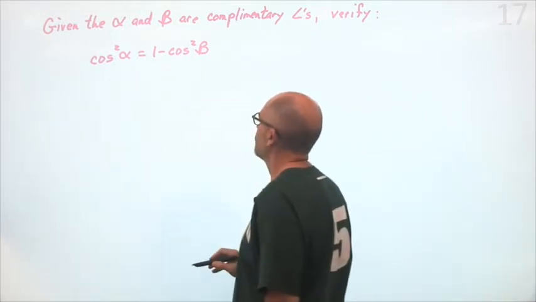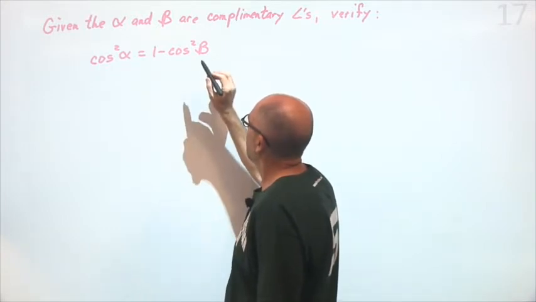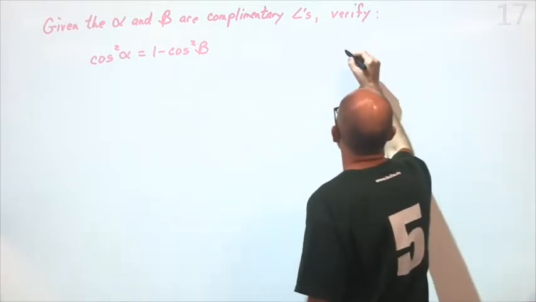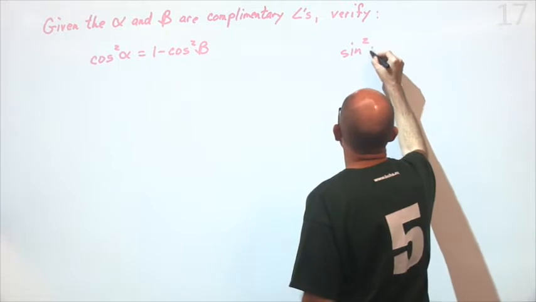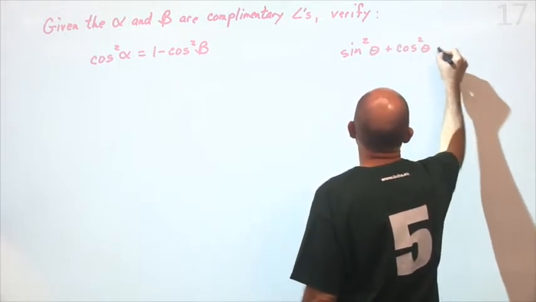All right, so there's a bunch of ways we could do this. We could use the Pythagorean identity that sine squared plus cosine squared equals 1.